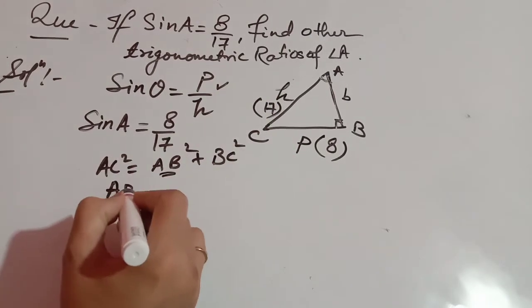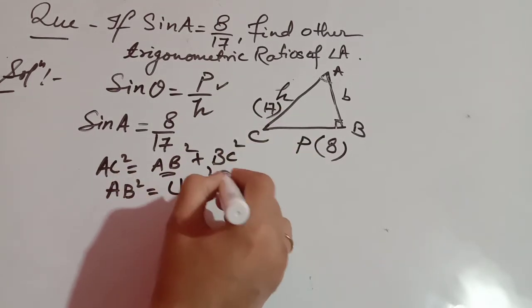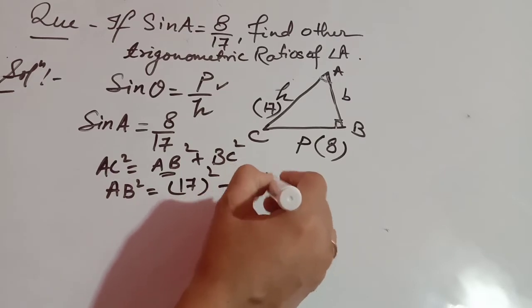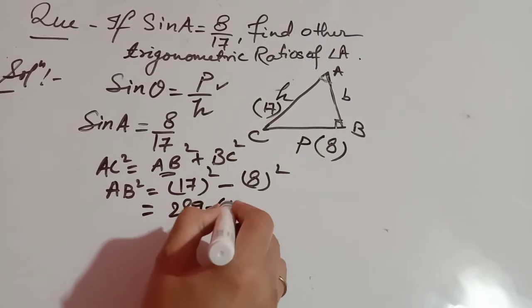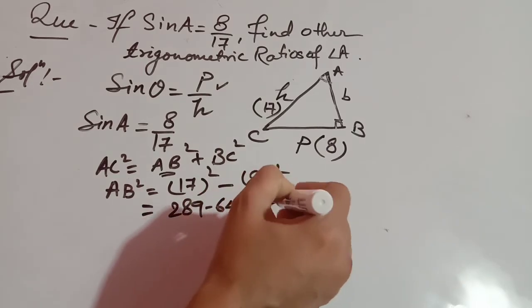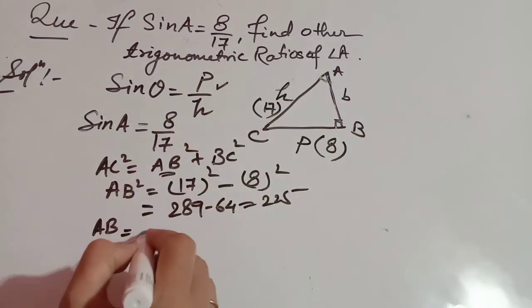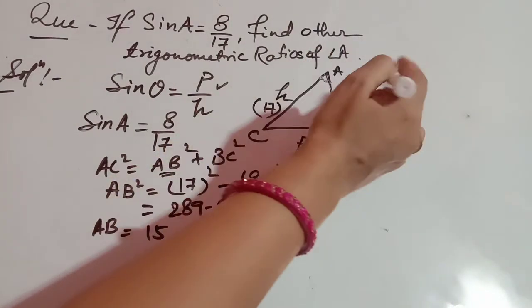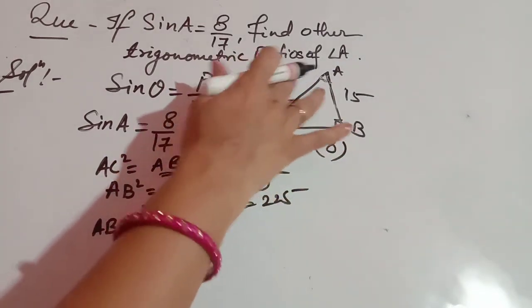So AB square is equal to AC square, that is 17 square, minus BC square, 8 square. 17 square is 289, minus 64, it will be 225. So the value of AB, your base, will be 15.